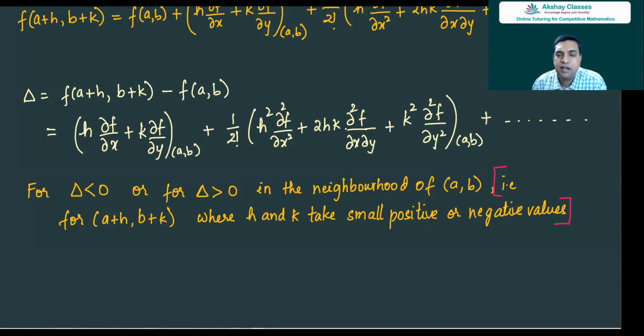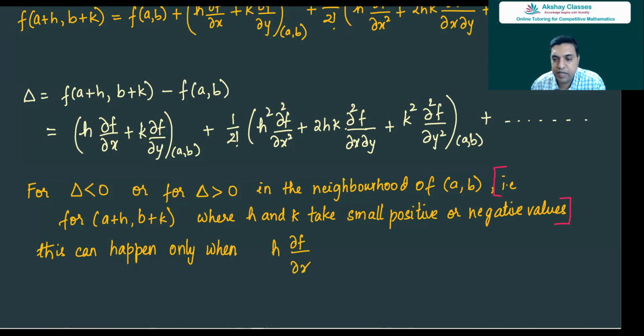So for delta to be less than 0 throughout in the neighborhood, or for delta greater than 0 throughout in the neighborhood, the only possibility for this to happen is only when h dou f by dou x plus k dou f by dou y at a comma b is equal to 0.